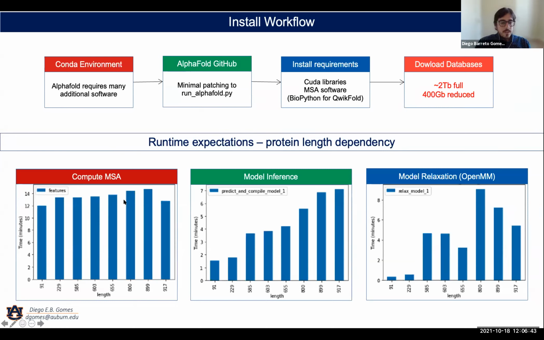So what should you expect depending on the size of your protein? First, to run the multiple sequence alignment on these huge databases, it doesn't matter how big your protein is so far. I tested from 90 to 900, and it doesn't change the time a lot, around 12 to 15 minutes.